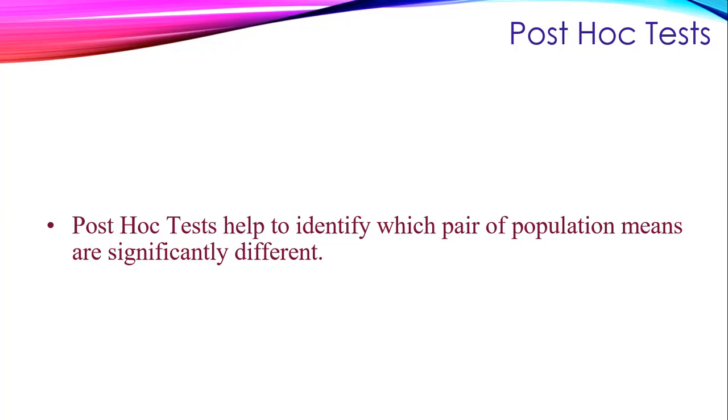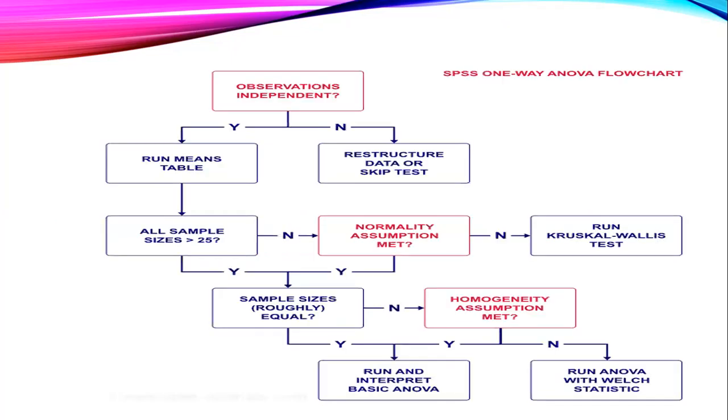The earlier ANOVA will only tell you whether there is a significant difference or not, whether the groups are all equal or there is some difference. That's all it will tell you. But post-hoc will tell you, supposing I have four groups, that group 1 is different from group 3, group 1 is different from group 4, group 2 is different from group 3. That difference is given by the post-hoc test.